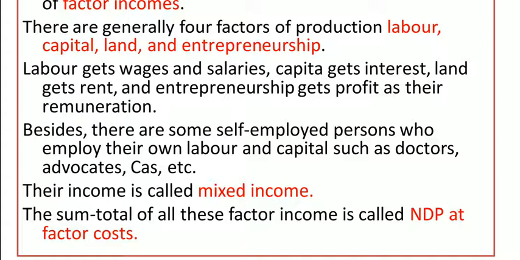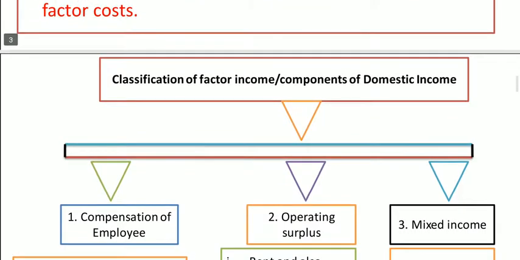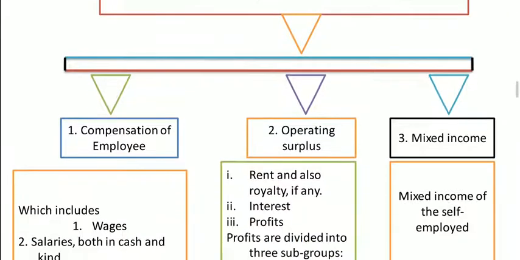All the factor income is called the net domestic product at factor cost. The classification of factor income or components of domestic income.